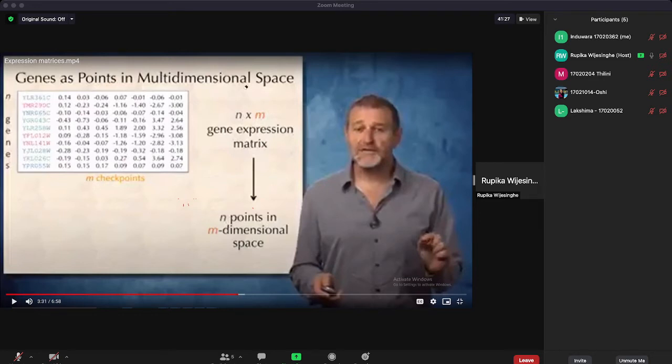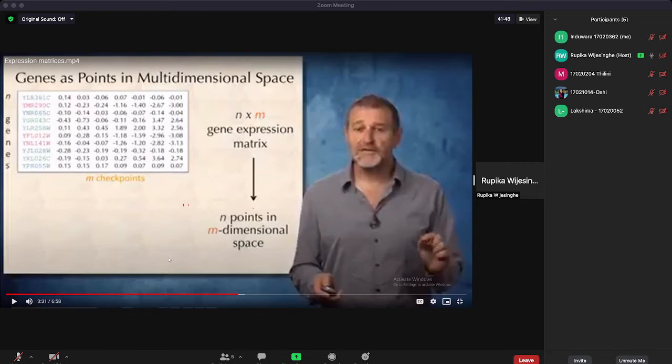So in here, you can see genes as points in multidimensional space. Though we show it here in 2D space, those genes have to be present in multidimensional space.